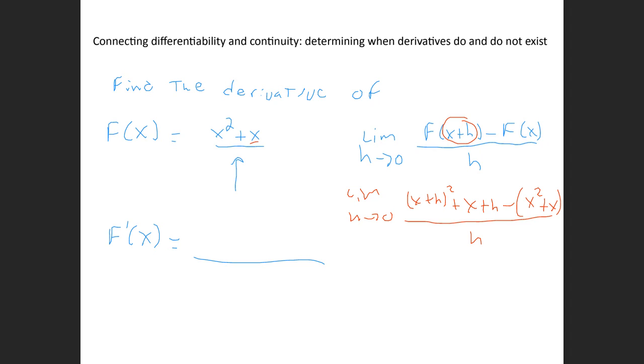Okay, now this is where the fun begins. I have to square x plus h, so I have x plus h times x plus h. So that's going to be x squared plus xh plus xh plus h squared. So that's going to give me x squared plus 2xh plus h squared plus x plus h minus x squared minus x, because remember, that minus sign goes to everything, okay?